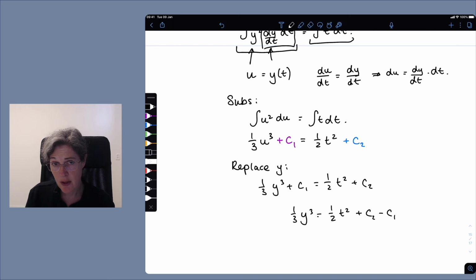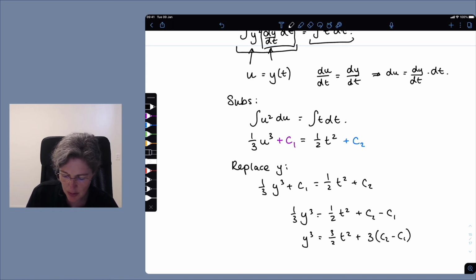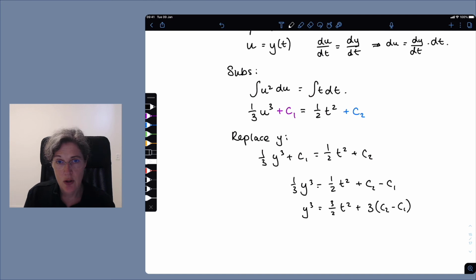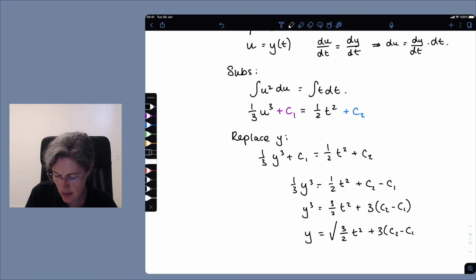I'm going to multiply through by 3. And I'm going to just take the cube root. So finally I've got y is equal to the cube root of 3/2 t squared plus 3 c2 minus c1.